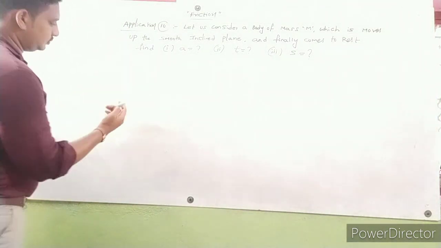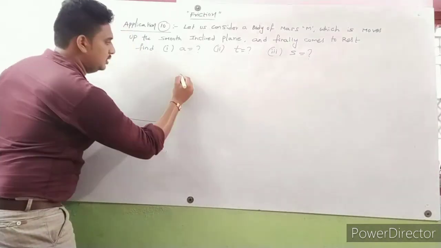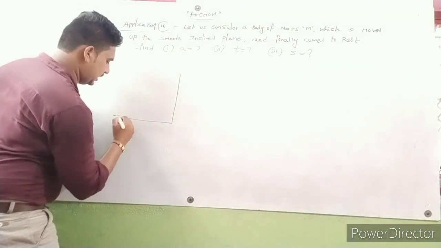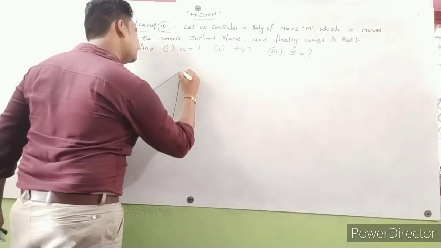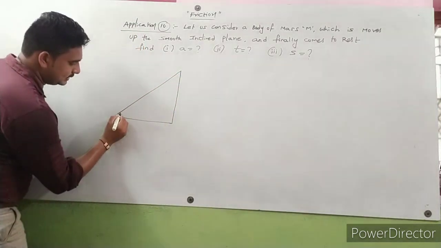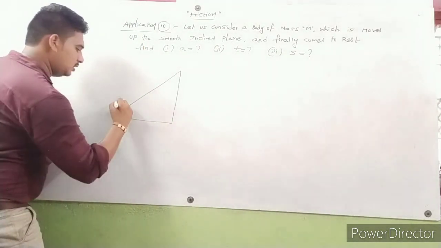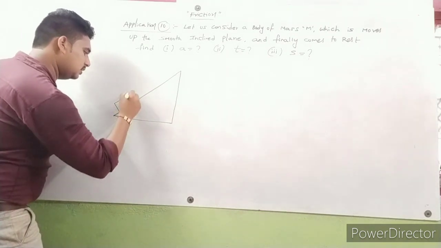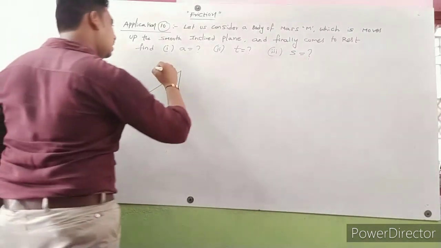So now this is a diagram. So here is angle, body projected up the inclined plane.